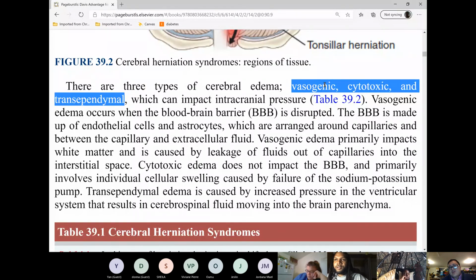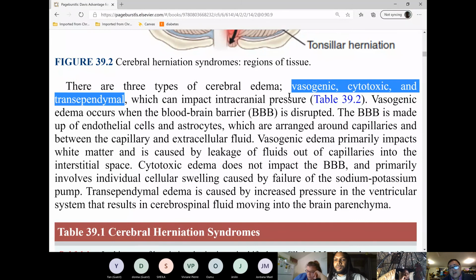So that's called vasogenic, meaning the vessels are very inflamed as a result of the injury and they leak fluid. It can also be cytotoxic, meaning the brain cells themselves died. When you destroy brain cells, of course they spill out their contents, so that puts fluid in the cranium. So this is still going to cause edema.